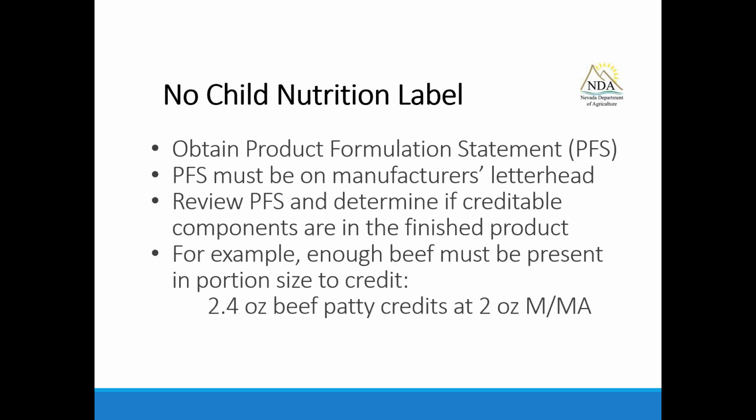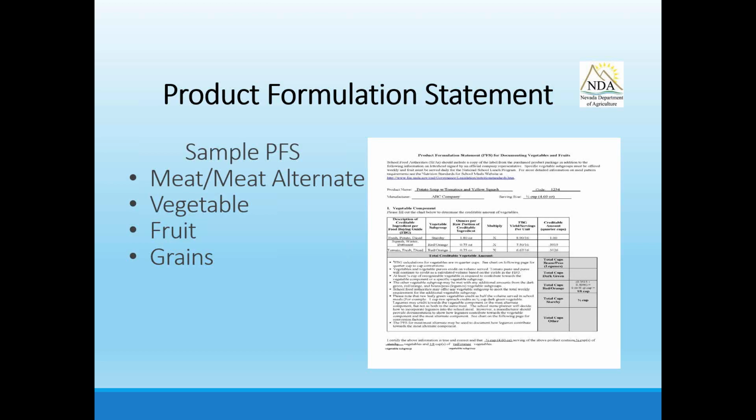For example, what you would look for is there enough beef present in the portion size to credit accordingly? For example, a 2.4 beef patty may credit as a 2-ounce meat alternate. And here's an example of a product formulation statement. And these would be available for meat alternates, vegetables, fruit, and grain products.